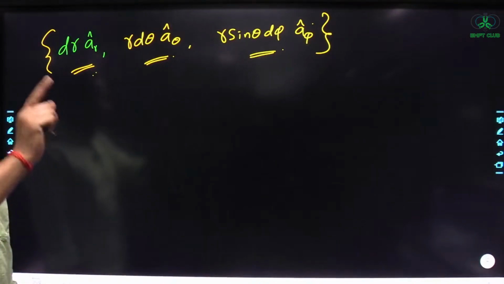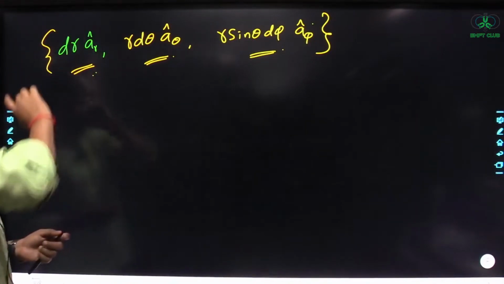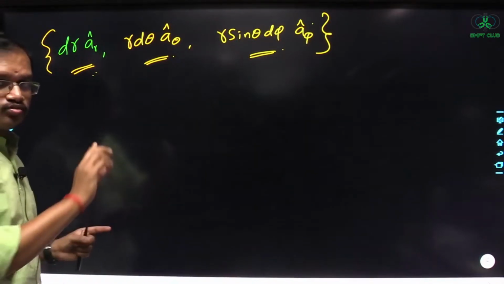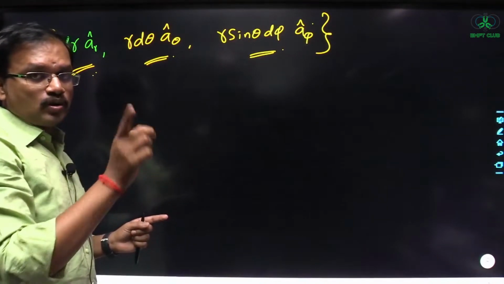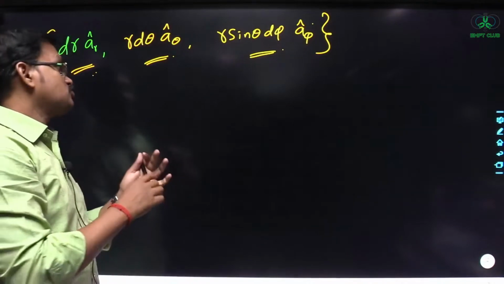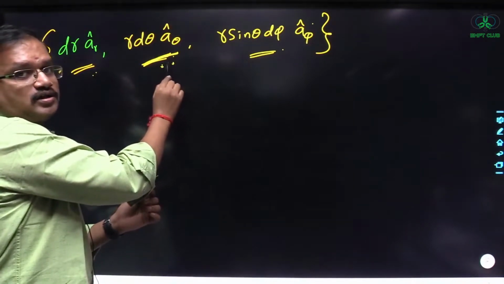See, as you move along r, you are going to move along a straight line path. So the differential length will be simply dr ar cap. As you move along theta, you are moving along a vertical circle, a curved path, and hence you have a differential arc length along theta, that is r d theta a theta cap.